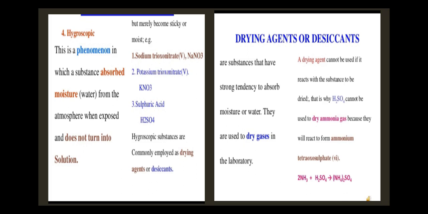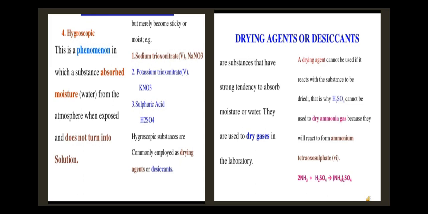At ordinary temperature only, they absorb moisture from the atmosphere and they do not dissolve in it. Examples are sodium trioxonitrate, potassium trioxonitrate, sulfuric acid. So hygroscopic substances are commonly employed as drying agents or desiccants.